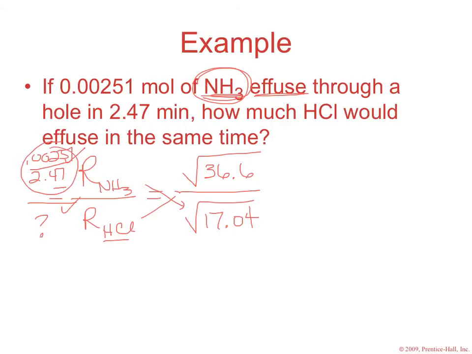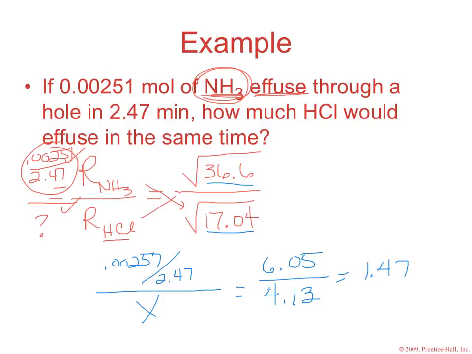So I'm going to rewrite that so it doesn't look quite so sloppy. So what we have so far, I'm going to put X for what we're trying to solve. And I'm going to go ahead and take the square root of 36.6 and 17.04. Alright, so now we have our ratios a little bit simplified.